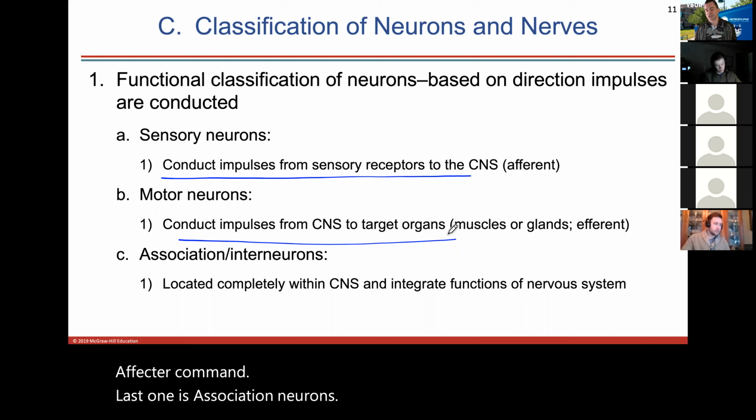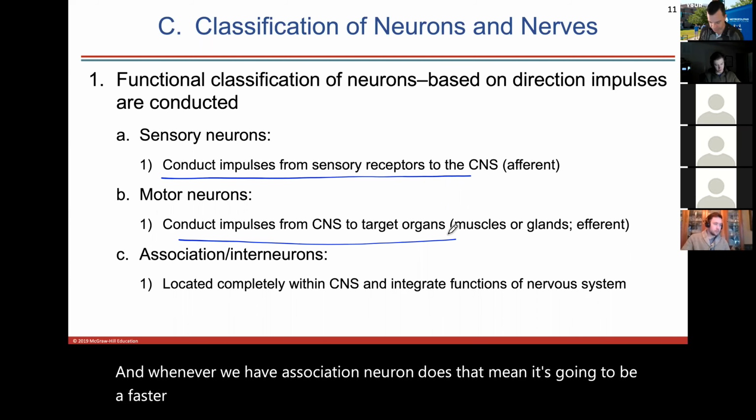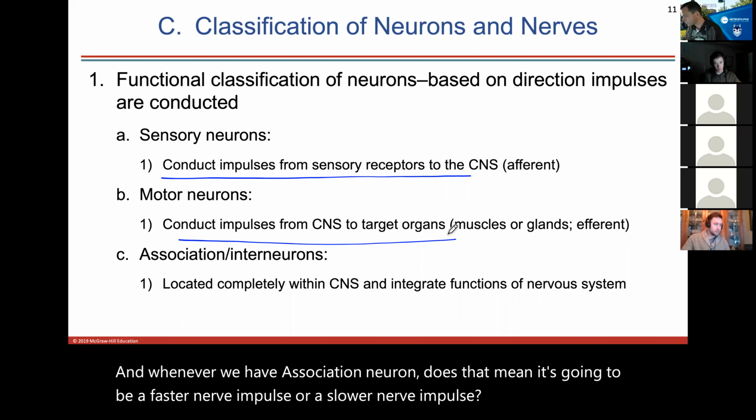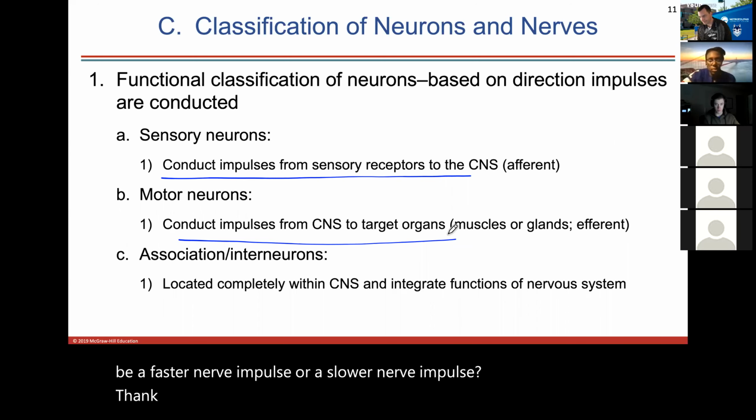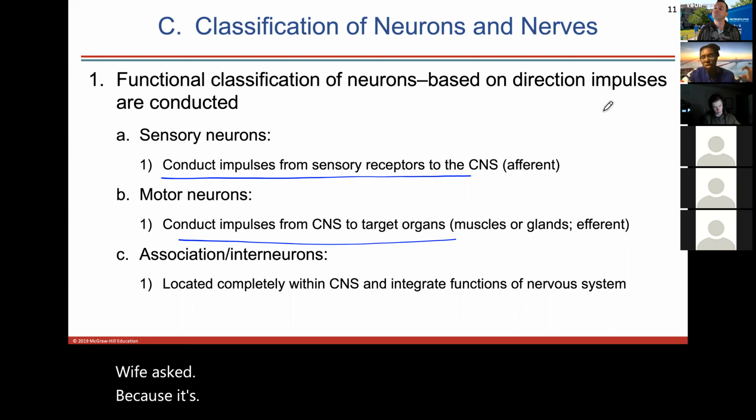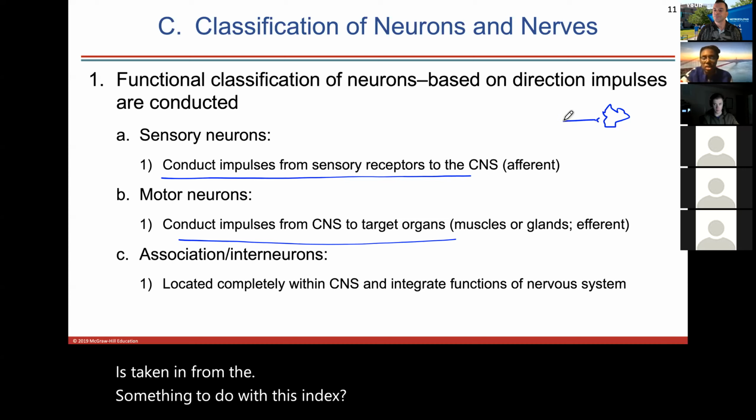And whenever we have an association neuron, does that mean it's going to be a faster nerve impulse or a slower nerve impulse? Faster. Why faster? Because it's taking it from the... something to do with the synapse. I don't know. That's okay.